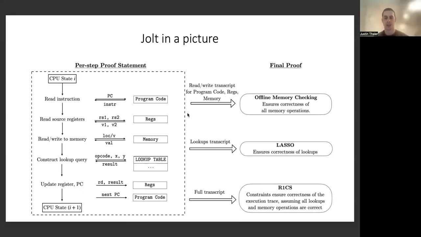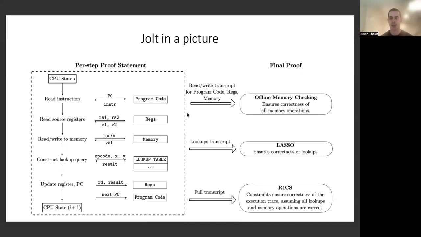Cool. So I guess back to the picture. The VM at each step figures out what instruction needs to be executed on what inputs, executes the instruction, and saves the results somewhere. And somewhere in there is getting the inputs, saving the results. There might be reads from memory.